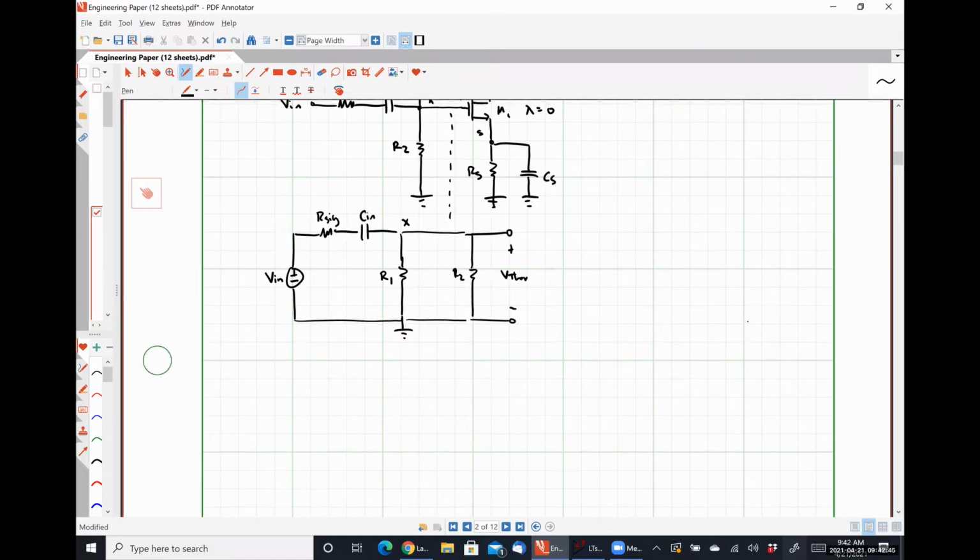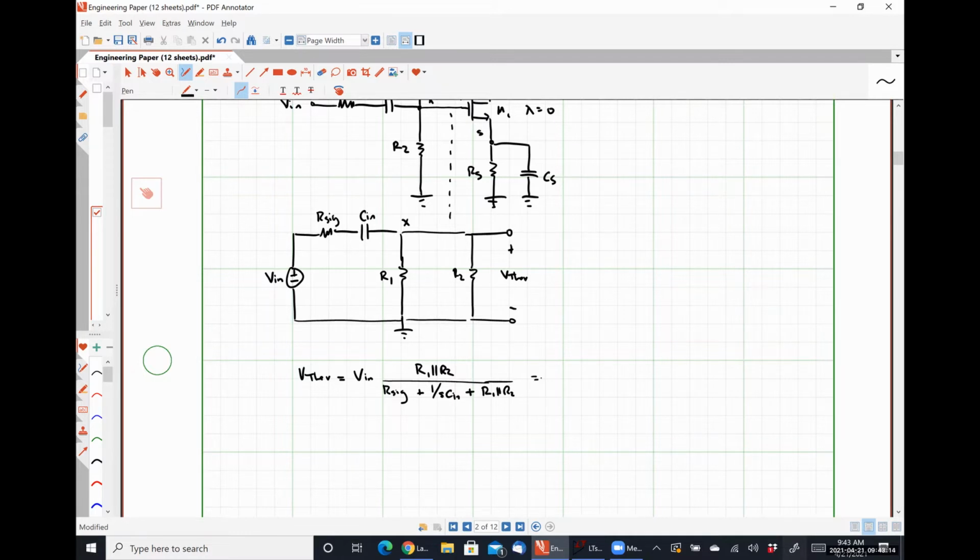And so I'm going to see that Vthev is equal to Vn times R1 in parallel with R2 divided by R sig plus 1 over SCN plus R1 in parallel with R2.